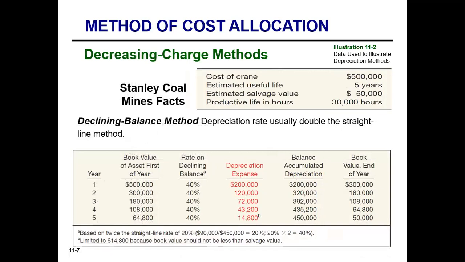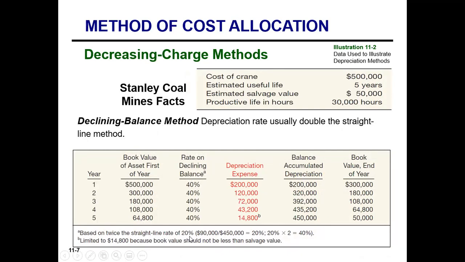The declining balance method, and usually, another name for this is double declining balance method, because we usually double the straight line rate. So, again, just like it shows down here, this is a 5-year asset, right? So if we were thinking about depreciating this asset over 5 years, we would depreciate 20% per year, right?